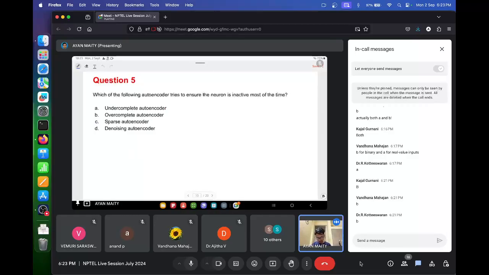Question 5. Which of the following autoencoders tries to ensure the neuron is inactive most of the time? There are 4 options: undercomplete autoencoder, overcomplete autoencoder, sparse autoencoder, and denoising autoencoder.